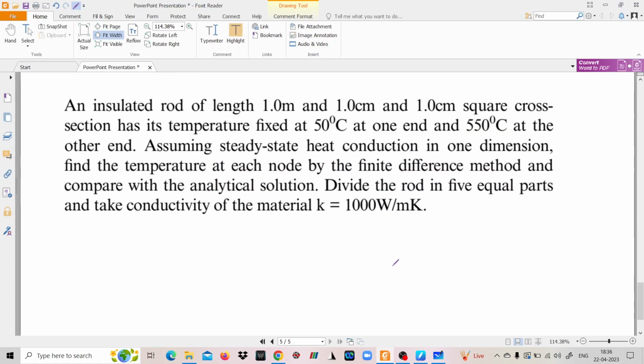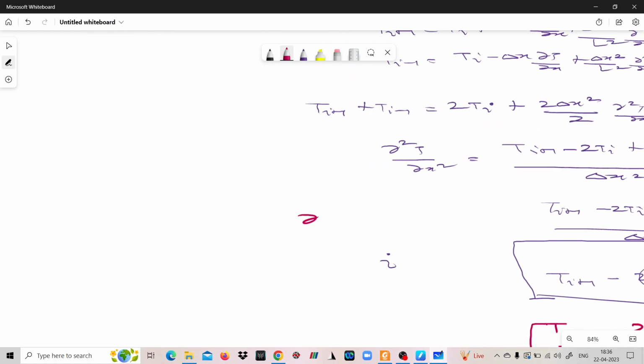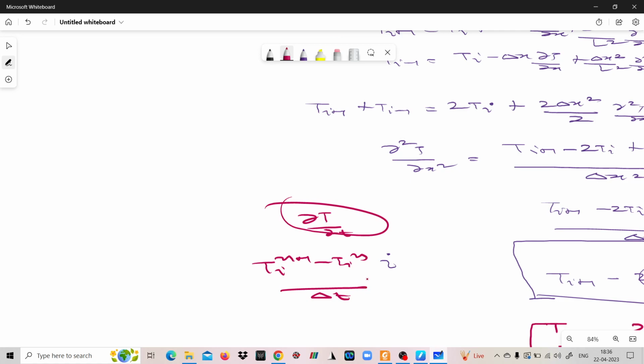Okay, now if it is not steady state, in that case what will you get? There will be this additional ∂T/∂t term. So (T_i^{n+1} − T_i^n), because it is parabolic, this particular term, time marching, divided by Δt. What will happen?